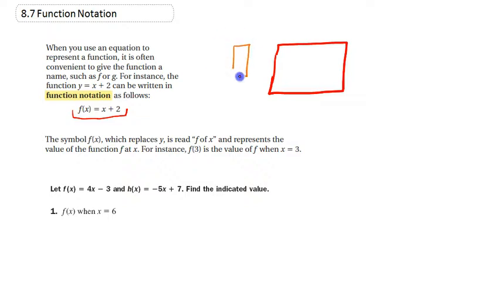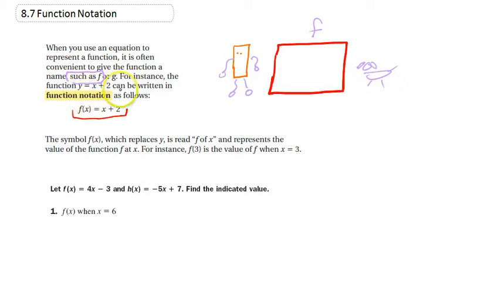Now let's think back to our amazing function machines from the first video. So we have rocket, and arrow, and they have function machine f. So this function machine has the name f, right?